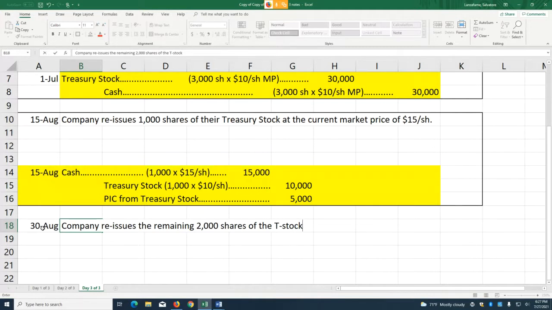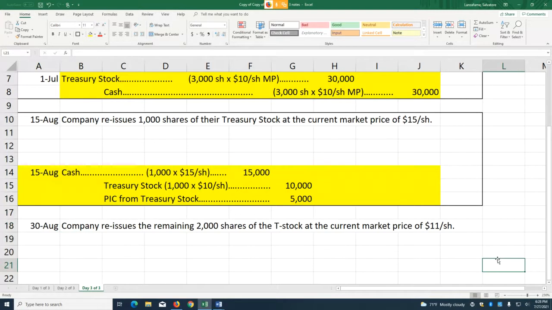So the company reissues the remaining 2,000 shares of the T stock at the current market price of $11 per share. So the stock's coming down again. So the company reissues the remaining 2,000 shares of treasury stock at the current price of 11.